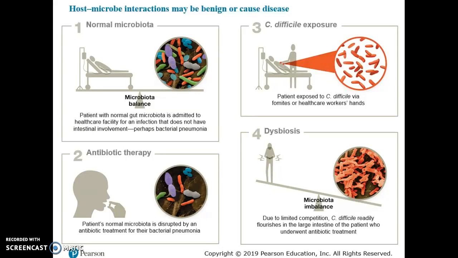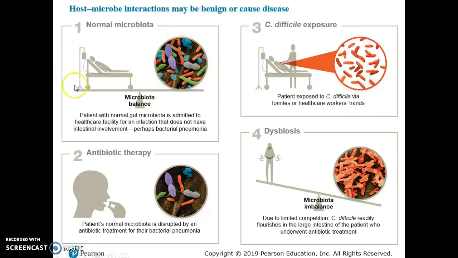In box 1, you have all of the normal microbiota, a nice array of bacteria and other organisms, some fungal, yeast primarily, and possibly even some protozoa. This is looking specifically at the gut, your GI tract.